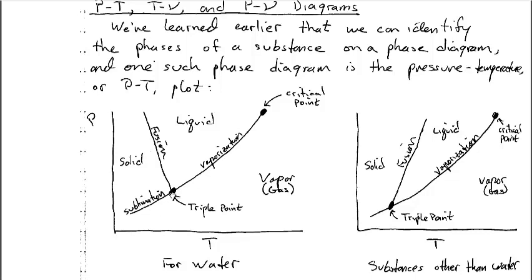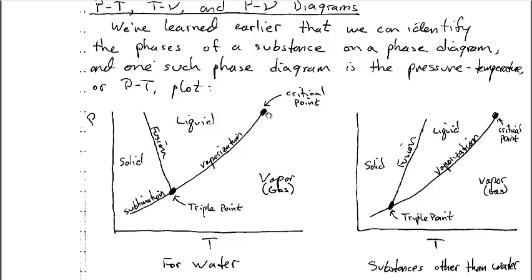Where these three lines intersect is called the triple point. And the triple point, of course, is where all three phases exist simultaneously. And then the very tip of the vaporization curve is called the critical point. We define the critical point as that where equilibrium phase change no longer takes place. Above this point, equilibrium phase change no longer takes place.